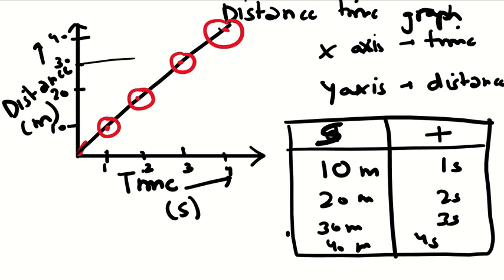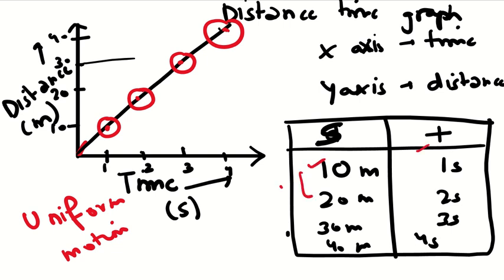If you notice carefully, it is a graph of uniform motion. It has traveled 10 meters in the first second, then again 10 meters, then again 10 meters, then again 10 meters.